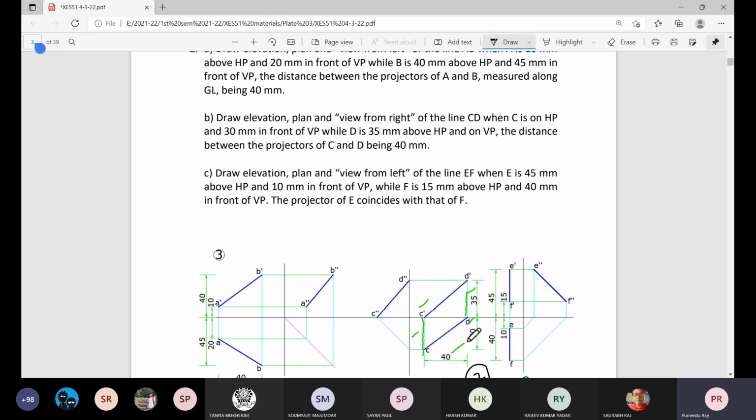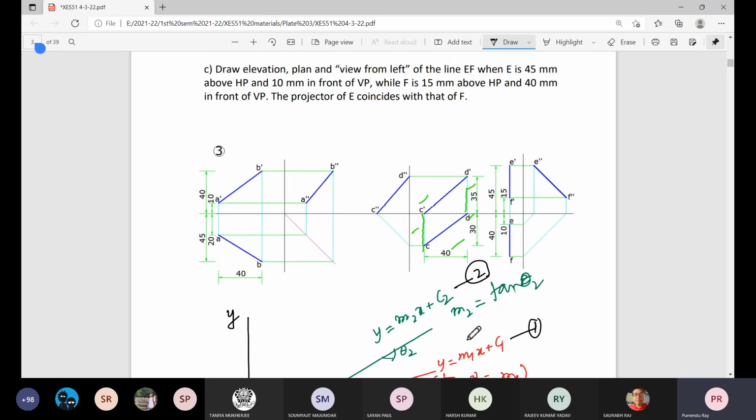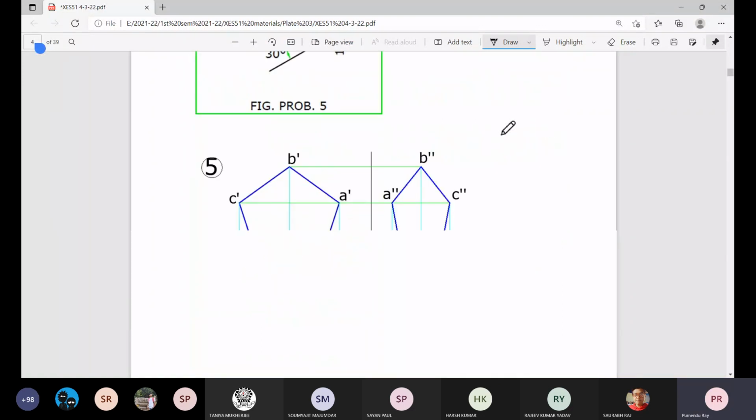Okay, and the same problem we can use for determination of the true length and true inclination. It is something like this problem.